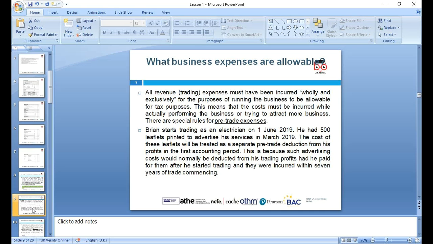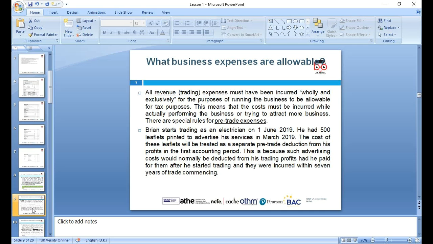So for example, he had a 500-pound leaflet printed to advertise his service. In March 2019, the cost of these leaflets is treated as a separate pre-trade deduction from his profit in the first accounting period.